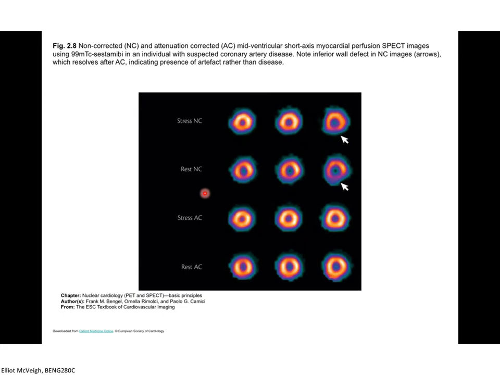And you can see in the rest, no correction. There seems to be a deficit in the posterior, this is posterior lateral wall here. It seems to be less so in the stress, but when you do the attenuation correction, there's the stress and there's the rest, and that's absolutely normal heart. Okay? So, according to these pictures.